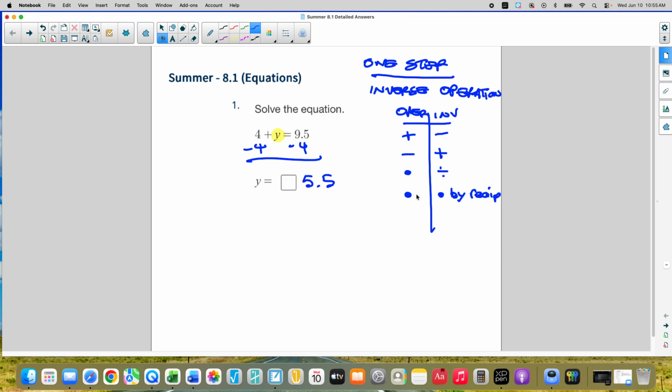So that is an important one for you to pay attention to. And then the inverse of division is multiplication. So be very aware that multiplication has two inverses, typical, division, and then we also have multiplying by the reciprocal. So we'll see probably examples within this lesson.